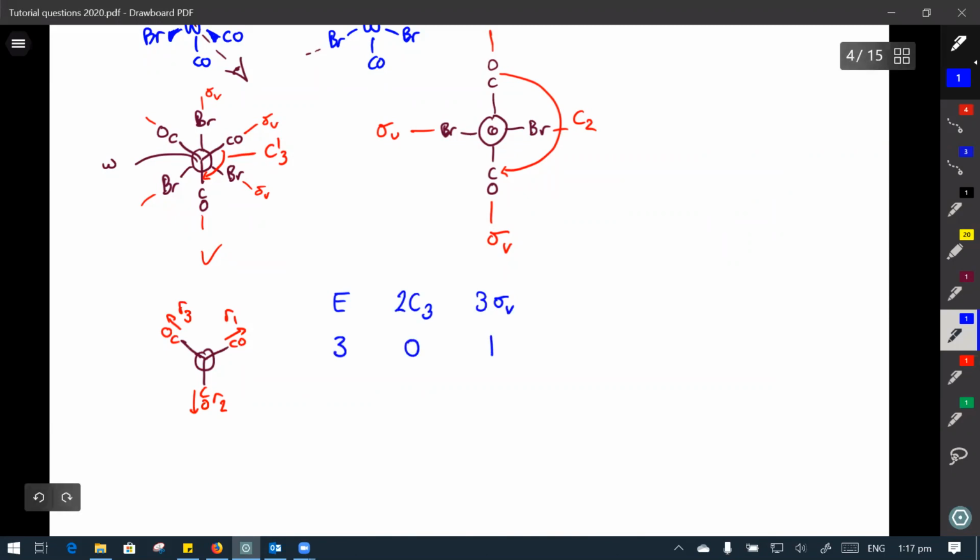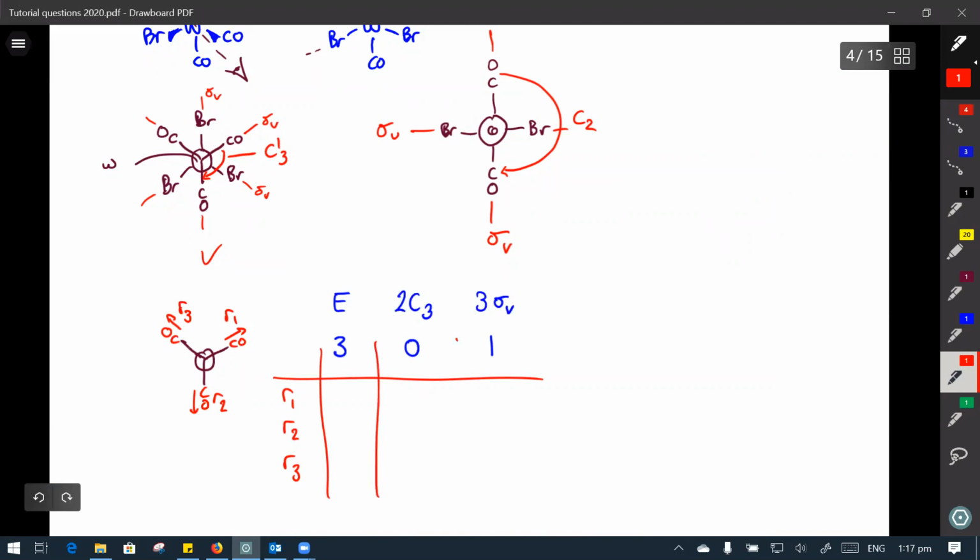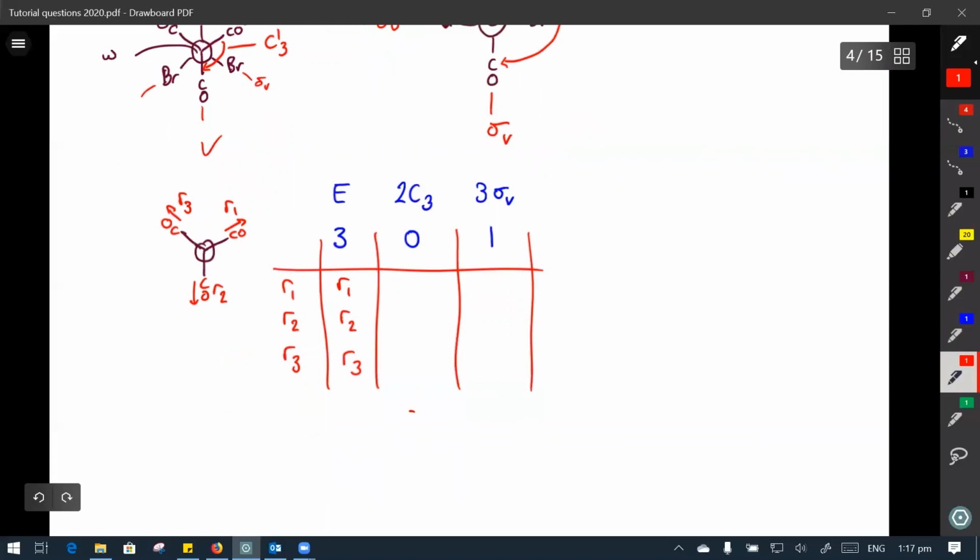So how do I get that? Well, let's just take an example, okay? So if we start with R1, R2, and R3, when we go to E, you can kind of do it like this. If you're trying to do it in an exam, it's quite a good way of showing it, right? Okay, this is going to be R1, this is going to be R2, and this is going to be R3. If we think of C3, so let's just do C13, that's the simplest one to do.